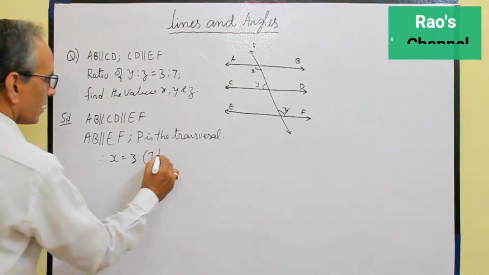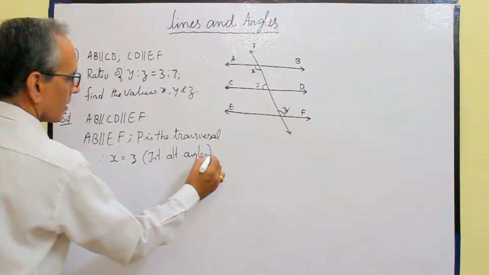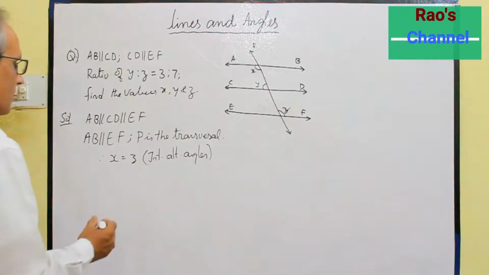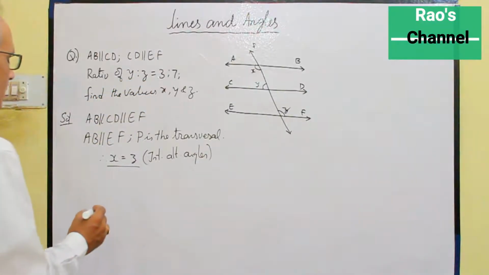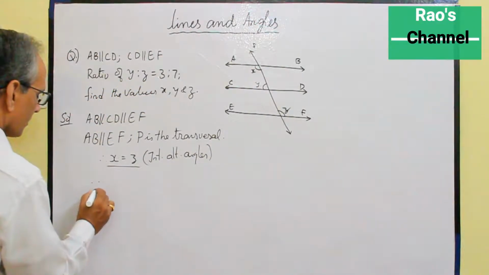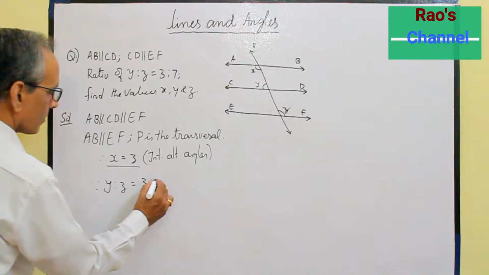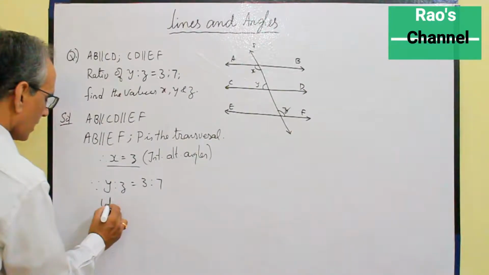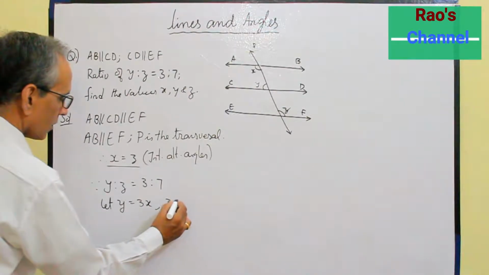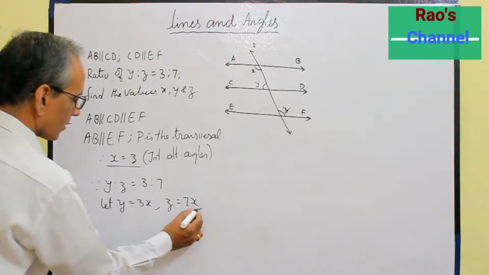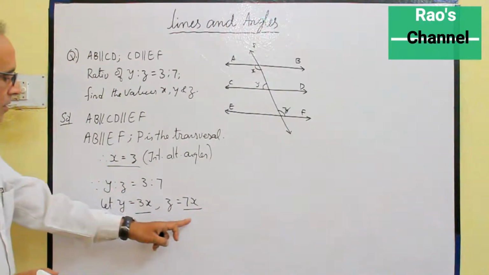They are interior alternate angles. What is the ratio of Y to Z? 3:7. Since Y to Z is 3:7, I let Y equal 3x and Z equal 7x.